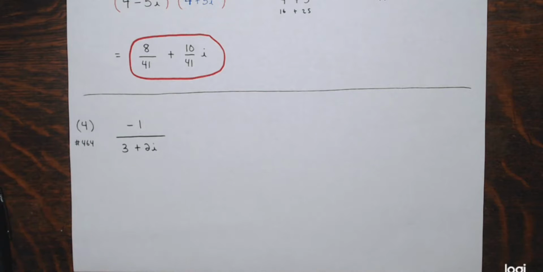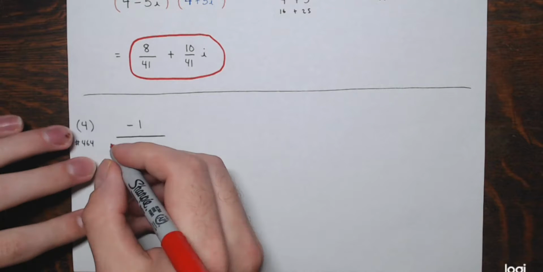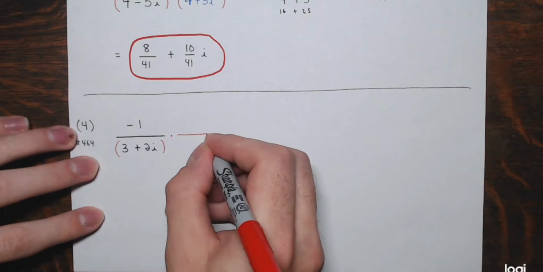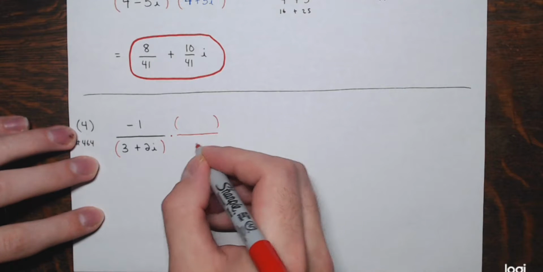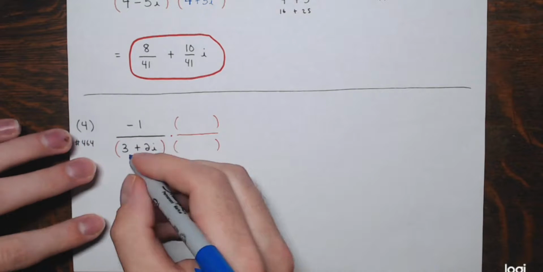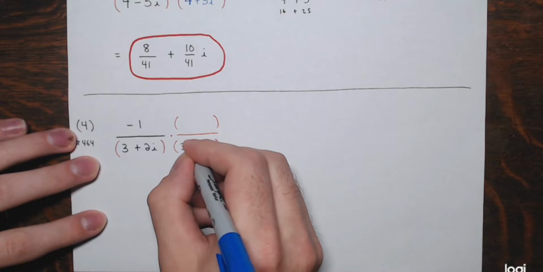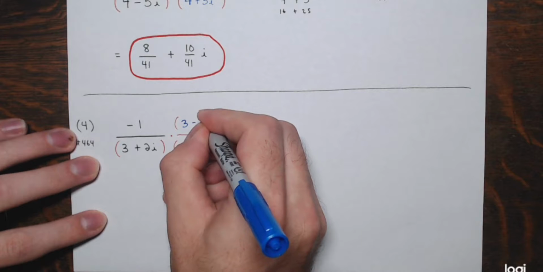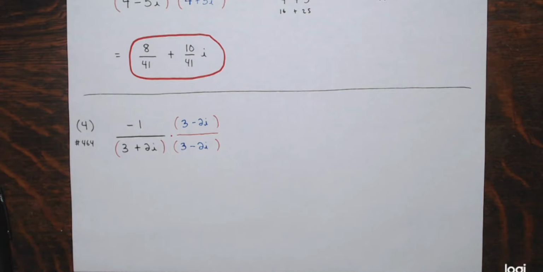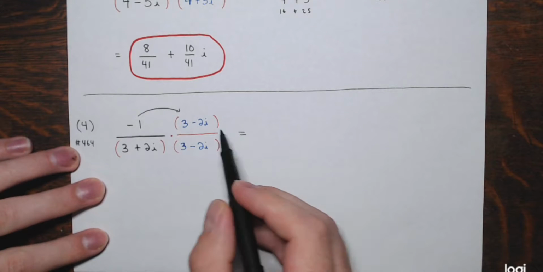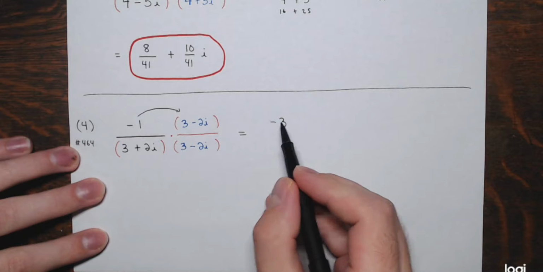And one more time, I'm multiplying the numerator and denominator by the conjugate of the denominator, which would be 3 minus 2i. Distributing the -1, the numerator becomes -3 plus 2i.